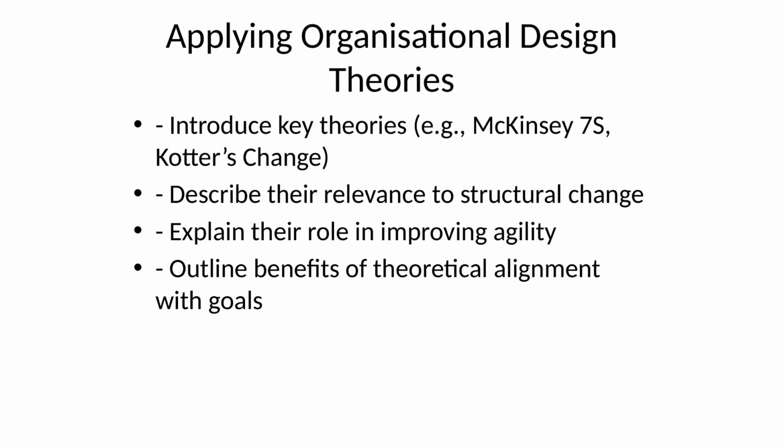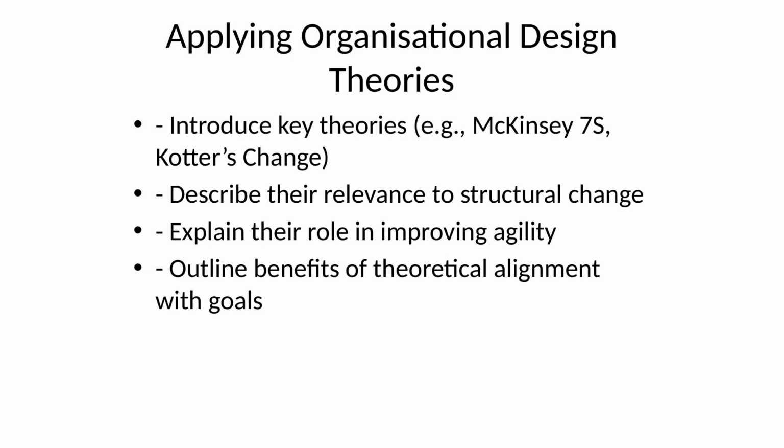Kotter's 8-step change model complements this by focusing on the human side: establishing urgency, forming coalitions, and embedding change. These models give a blueprint for navigating resistance and building momentum. Both ensure that changes are embedded deeply and sustainably. By integrating these theories, we link abstract organizational goals with concrete actions.